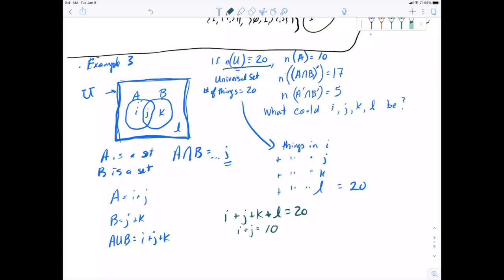Okay. Now we have to do a little bit of sleuthing and figure out what this means. Oh, we actually never got around to this symbol, this slash symbol.